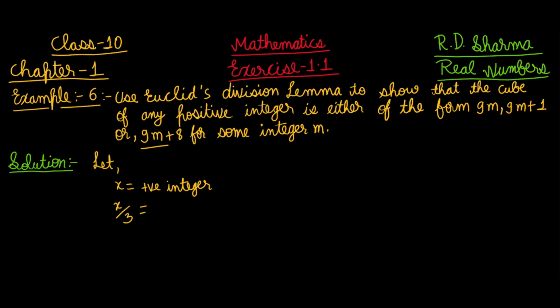So we are dividing by 3, and we will get a remainder. The remainder can be either 0 or 1 or 2.